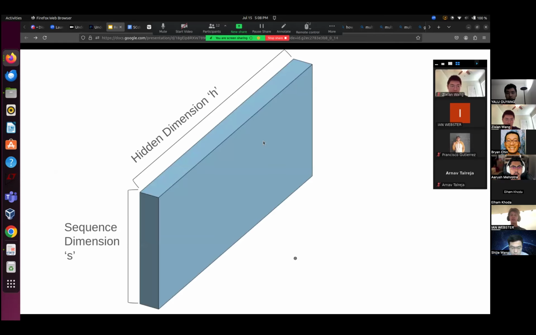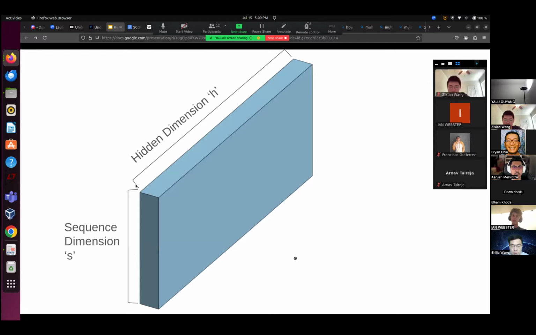So for starters, let's look at our input. Your input is going to be a matrix with 2 dimensions. The first dimension is a sequence dimension. Every element along the sequence dimension is going to be associated with a word in your context window. So the sequence dimension can be as big as your context window, or it could be a single sentence, just as long as it's less than or equal to the size of your context window.